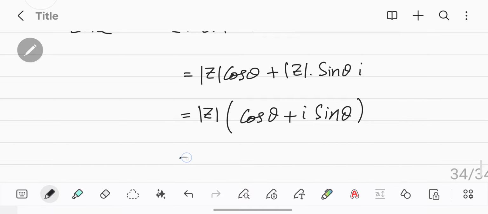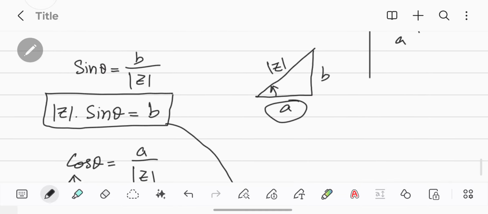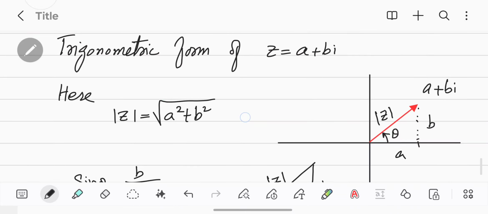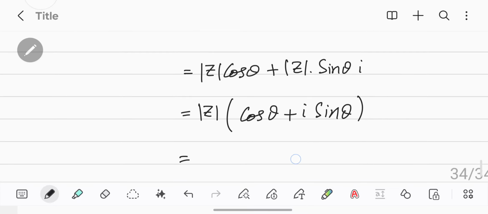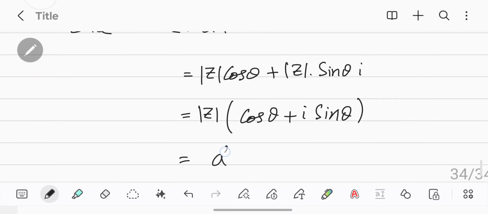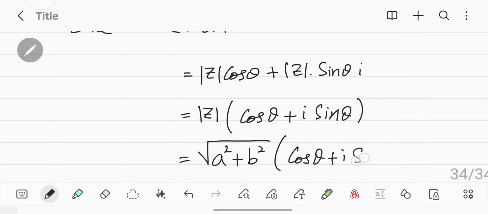And mod of Z here is nothing but this value, square root of square of A plus square of B. So I will write the square root of A square plus B square times cosine of theta plus iota sine of theta. This form is called the polar form or the trigonometric form of a complex number.